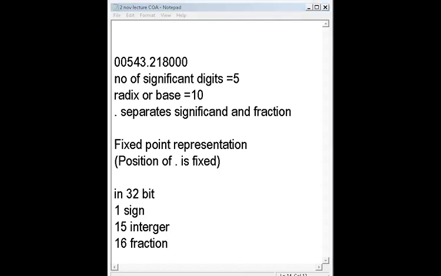So you might have paid attention to the syllabus topic, that is fixed and floating point representation. First of all, we have discussed floating point representation, because you have heard of float and double keywords in your C programming, right?